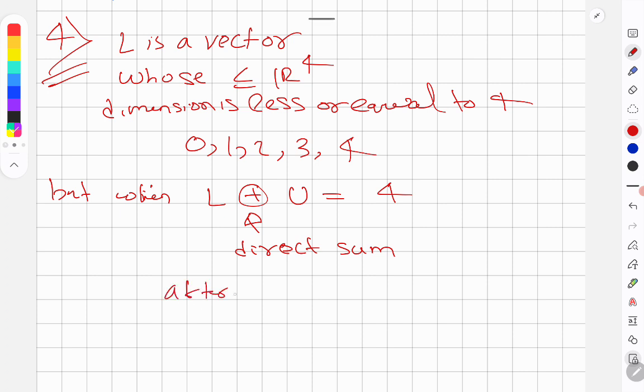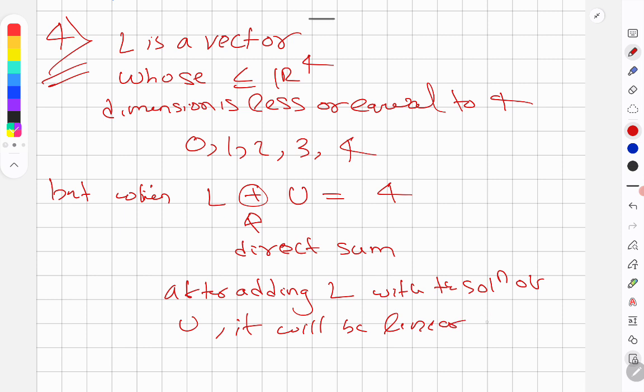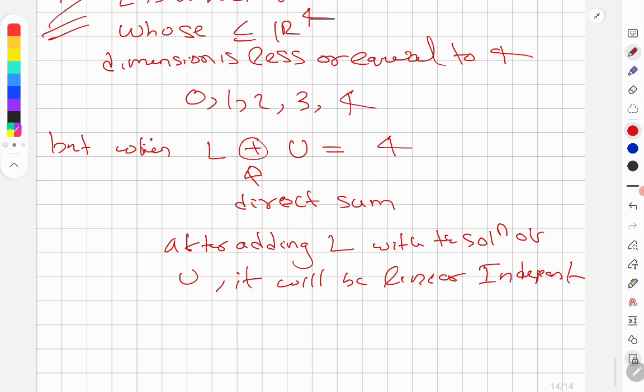After adding L with the solution of U, it will be linearly independent. You will see how. There are many ways to solve this question, but the easiest way.